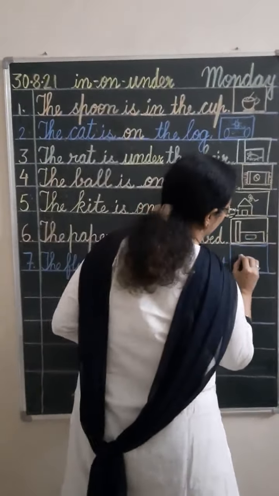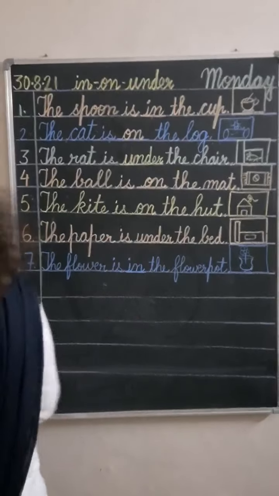The flower is in the flower pot, है ना? Flower pot के अंदर क्या पड़ा हुआ है? Flower. The flower is in the flower pot. So here we will fill I and in, and here put dot. Dot on small i.